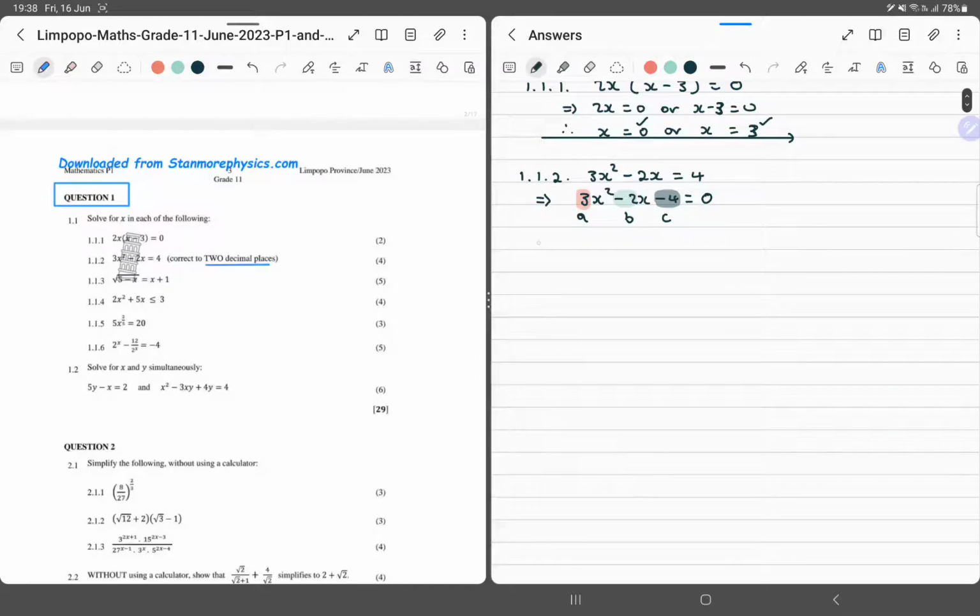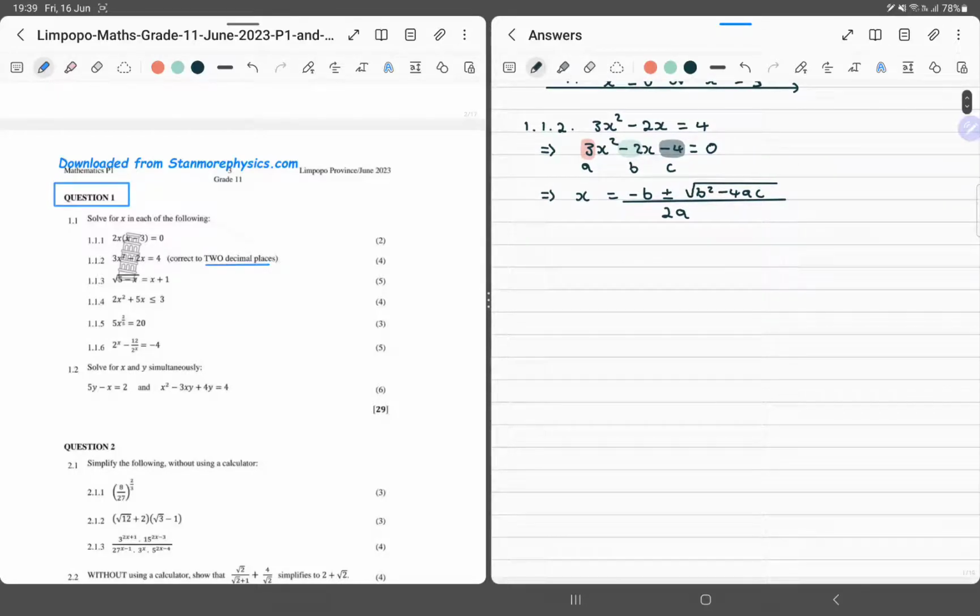So we can simply say this implies that our x is equal to minus b plus or minus the square root of b squared minus 4ac, which is what we call the discriminant, or delta. So this is 2 into a. Okay, so now we substitute into this equation, nice and easy.